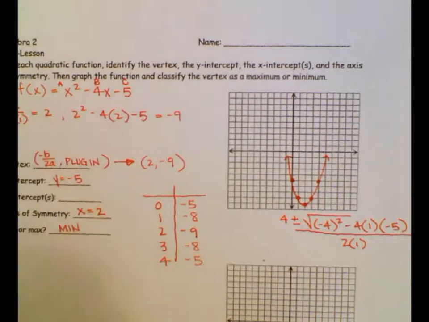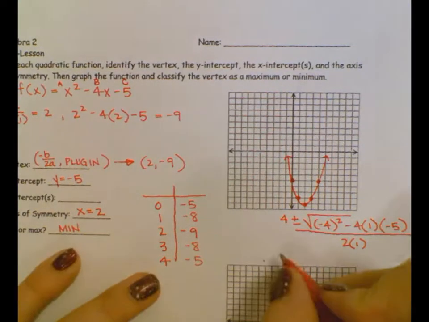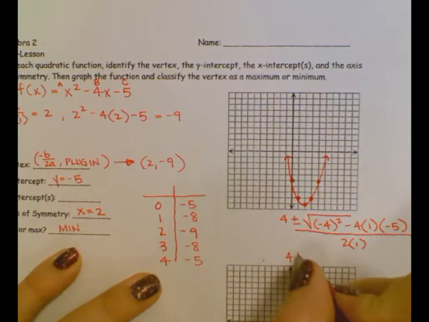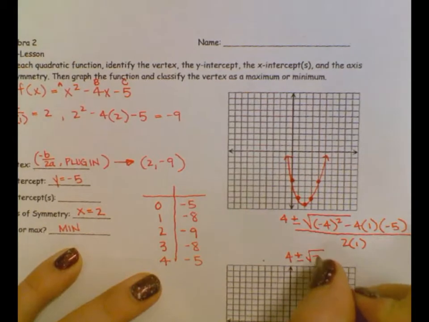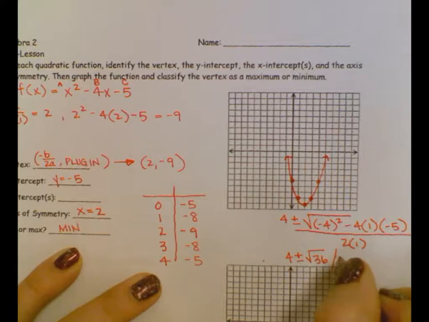Now, I'm just going to put what's under the radical in my calculator. So negative 4 squared. Make sure that negative 4 is in parentheses. Minus 4 times 1 times negative 5. We get 36 under there. So 4 plus or minus the square root of 36 all over 2. How many answers are we going to get? 2.